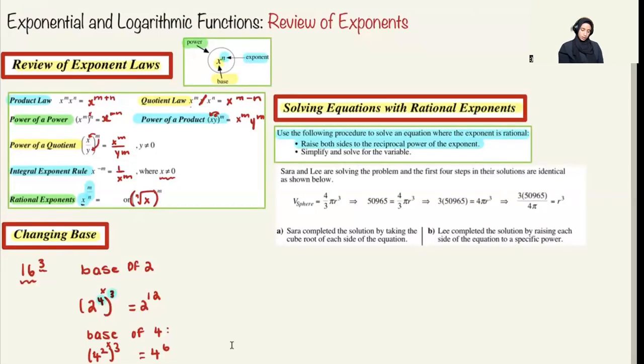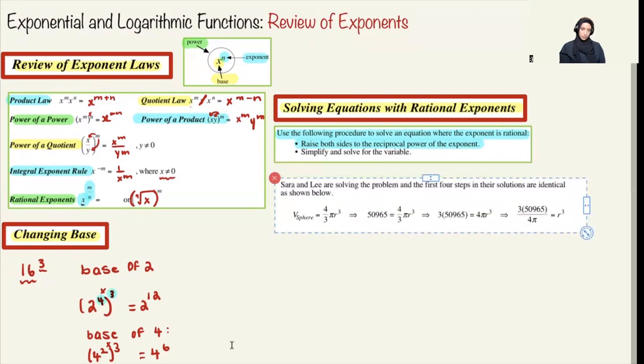The reciprocal power of the exponent, if I had something like this, right? Let's say this one over here. So Sarah completed this by taking the cubic root. We're not even going to worry about what they did. We're going to do it ourselves. So let's crop this. Okay. All right. So we're going to look at solving this ourselves.